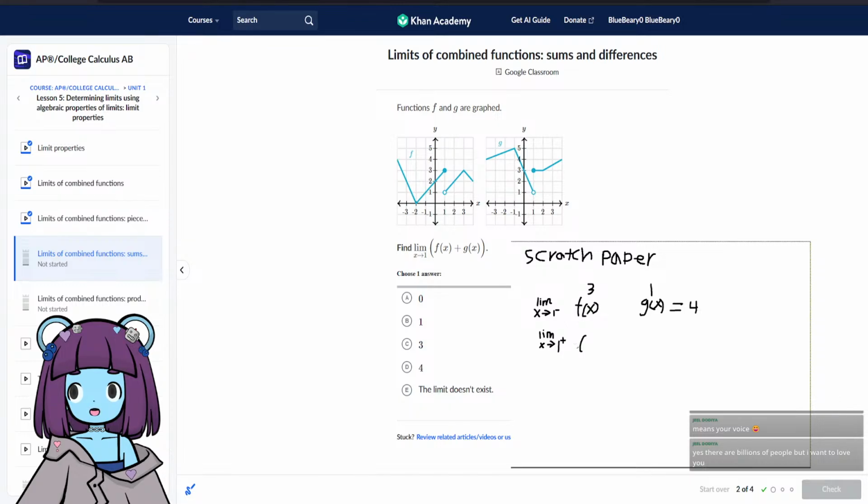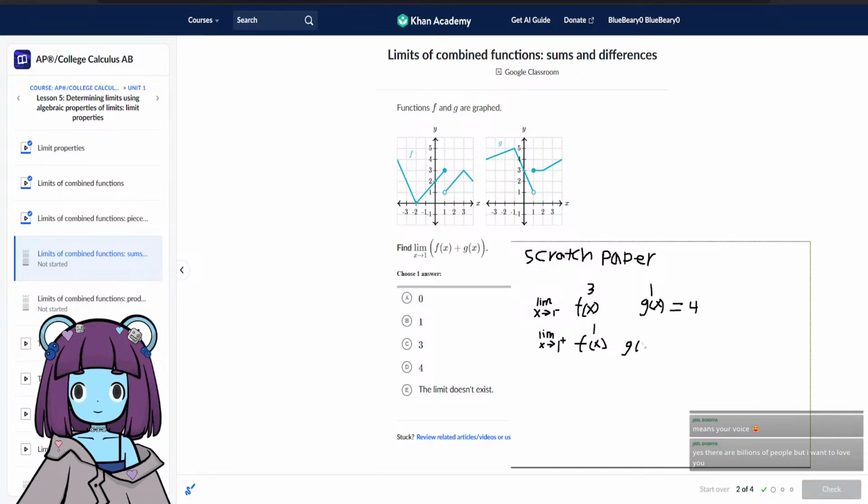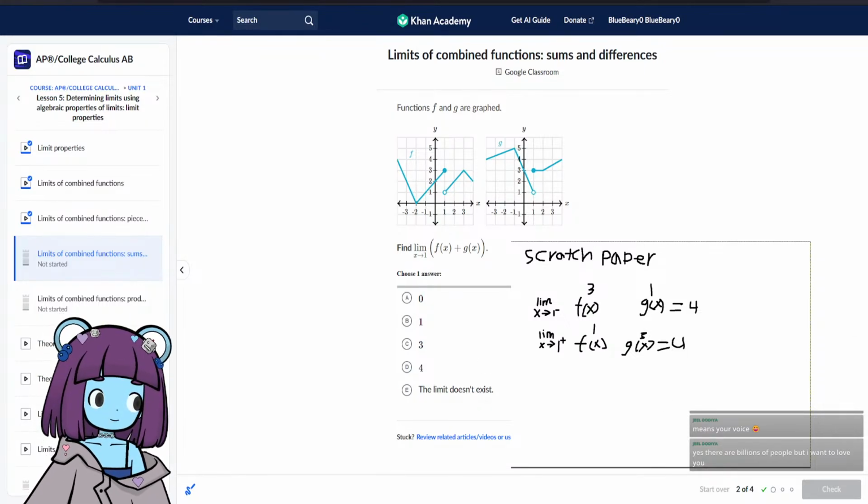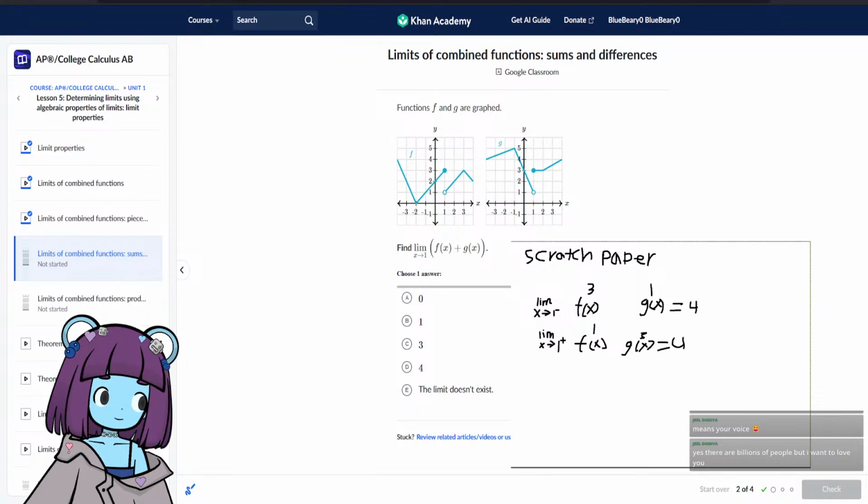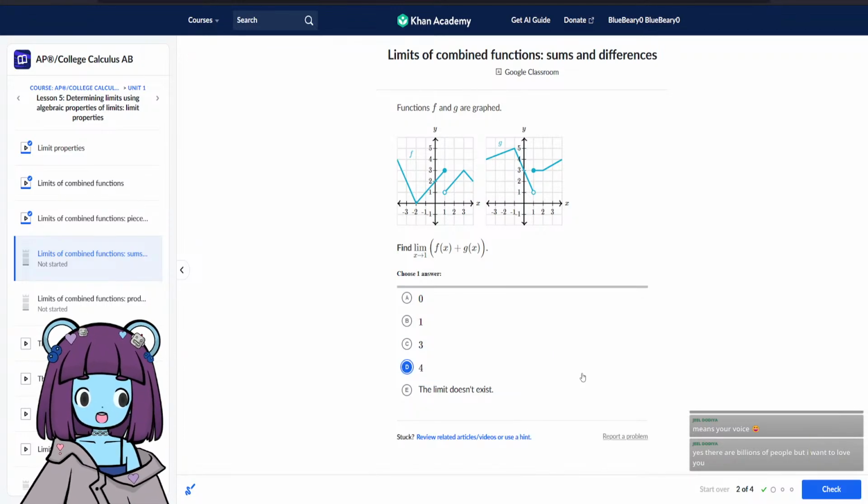So that would be 1. f of x is 1. And g of x would be 3, because it approaches from that side. So they're both equal to 4, which means, let me hide this for a second, the limit's 4.